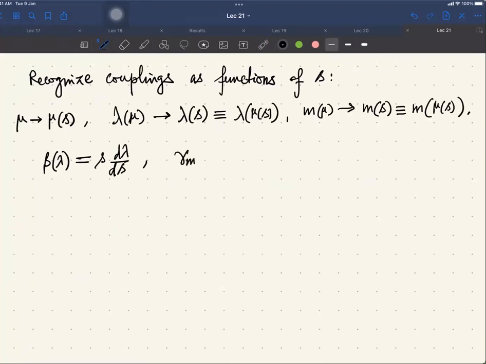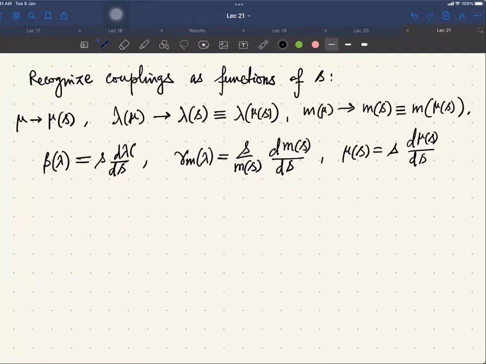Gamma m lambda is s over ms times d ms ds, and mu s is equal to s times d mu s ds. Okay.